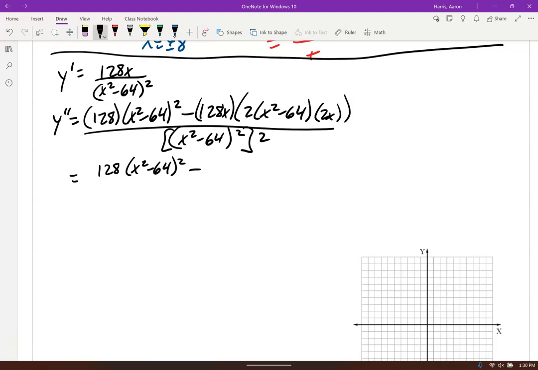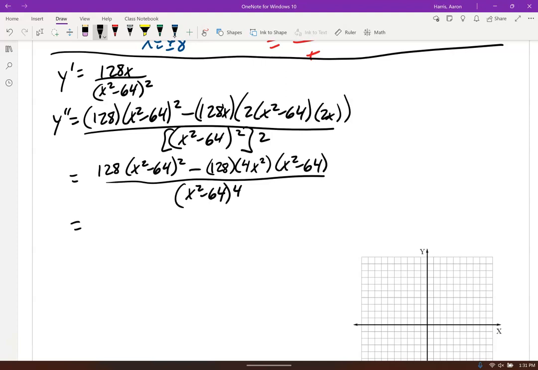you know what I'm going to do? Let me write it this way. 128 times 2 times 2. Hold on, that would be 4x squared times x squared minus 64. So I'm going to take 128 out of each term there, and an x squared minus 64 out of each term there. And I'd be left with x squared minus 64 minus 4x squared.